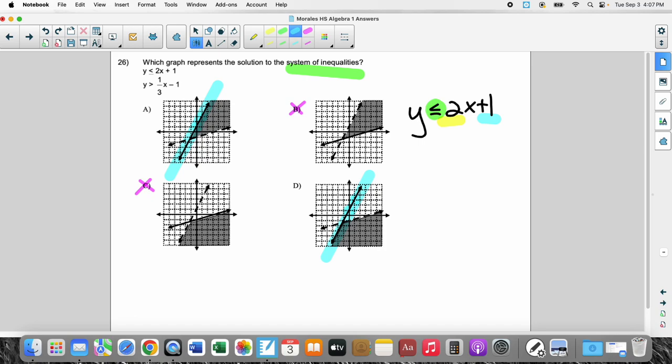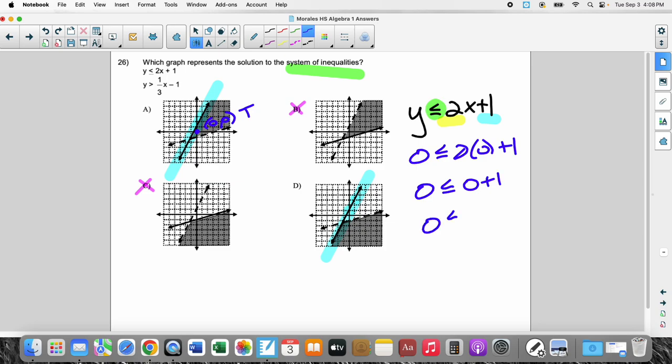Remember. So in A, what do we know about the origin? What do we know about the point 0, 0? If we plug it in to this equation, what would we expect graph A to tell me? That it's true. So if I plug in 0, is 0 less than or equal to 1?